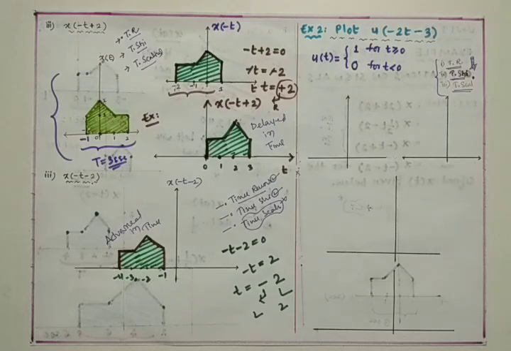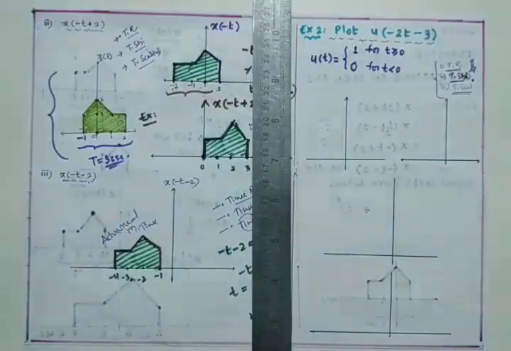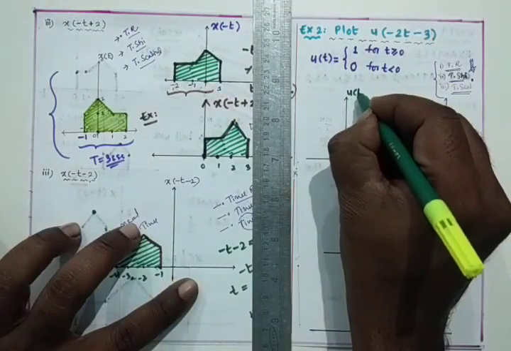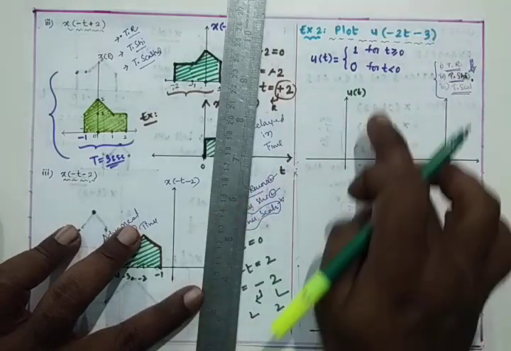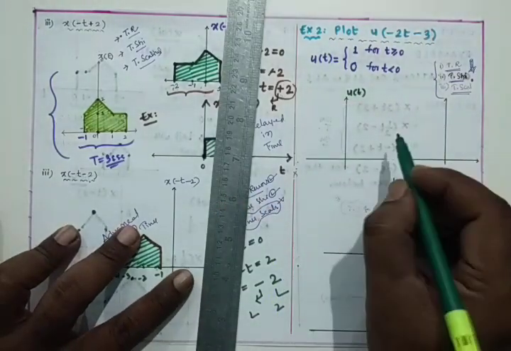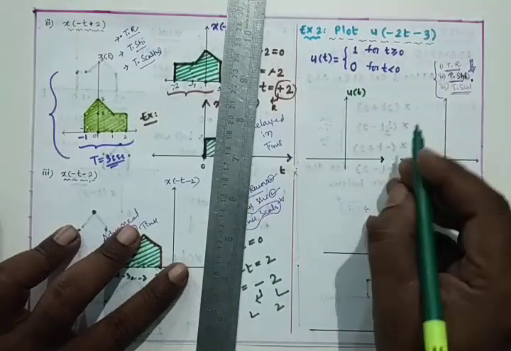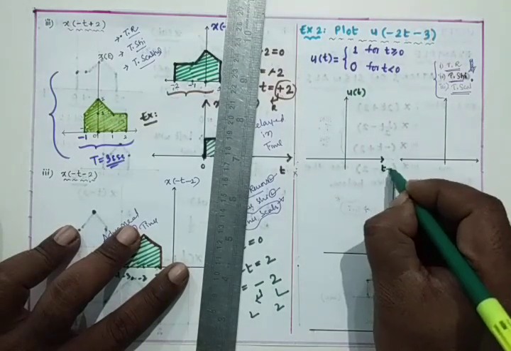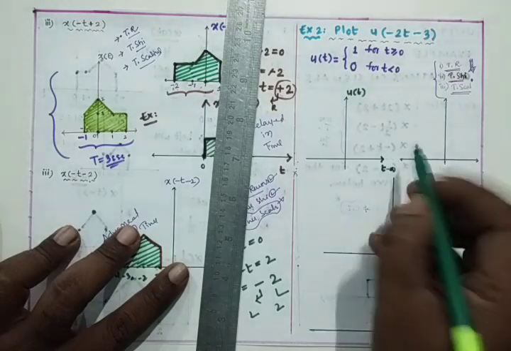Then I am going to plot the signal. This is u of t. Always the amplitude of the signal must be taken on the y-axis, and the independent variable must be taken on the x-axis, and it is t, extending from minus infinity to plus infinity.